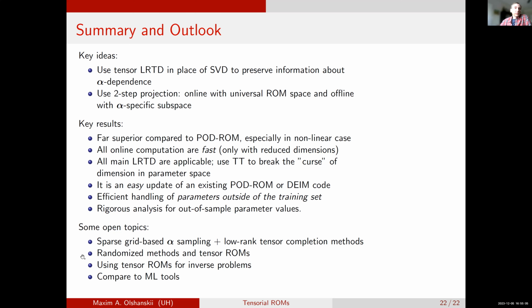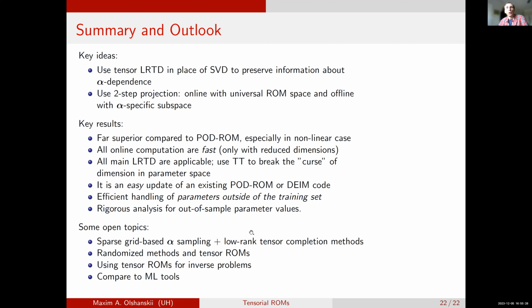There are, of course, some open topics, and the most important is this first one, which we are working on right now. As you realize, computing the full tensor of states for all parameters is expensive.